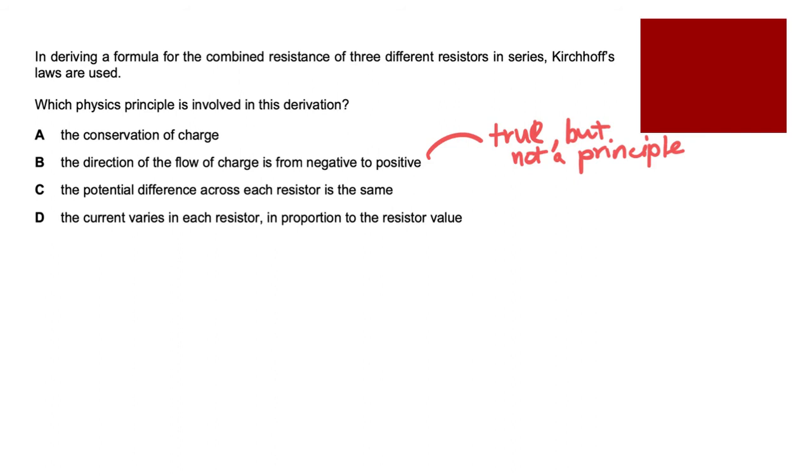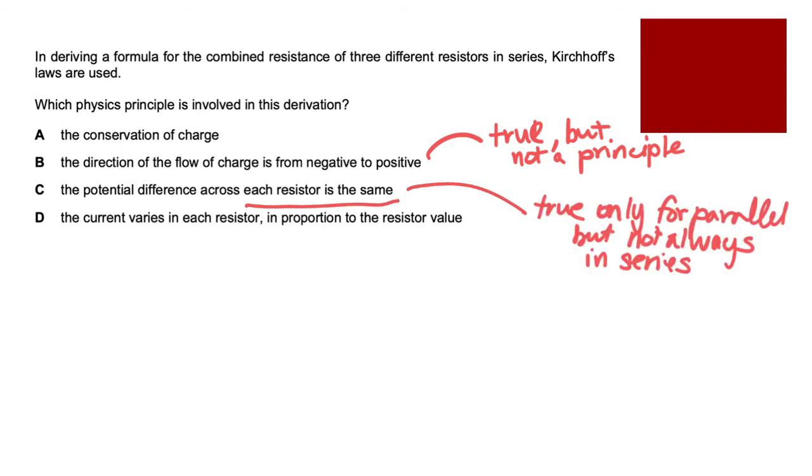The next one, the potential across each resistor is the same. Well, let's go back and double check. It says it's in series. So the problem with that answer is that the potential difference isn't going to be the same. That would be true if it was in parallel. In series, it sometimes will occur, but that's only if the resistance of both pieces are the same, but we still wouldn't be using that to calculate the combined resistance.